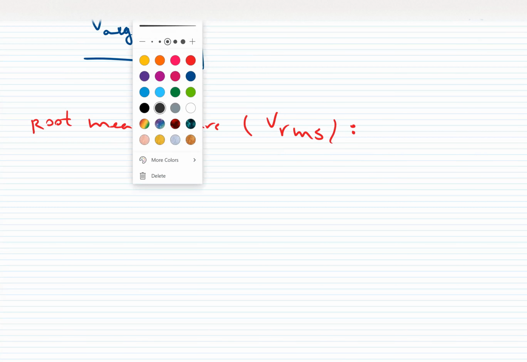In fact, VRMS is a measure of the average power carried by the signal. So it tells us the average power that this signal generates.